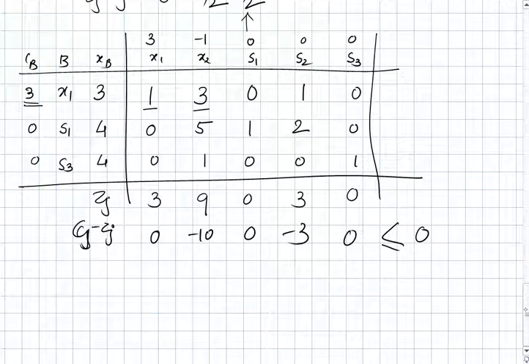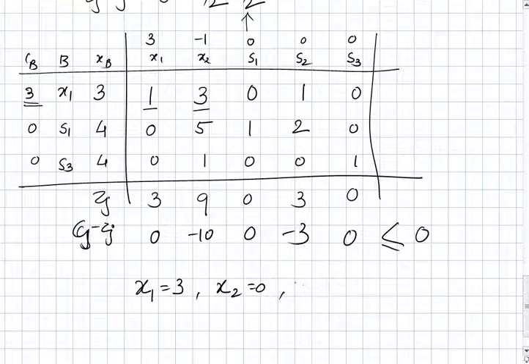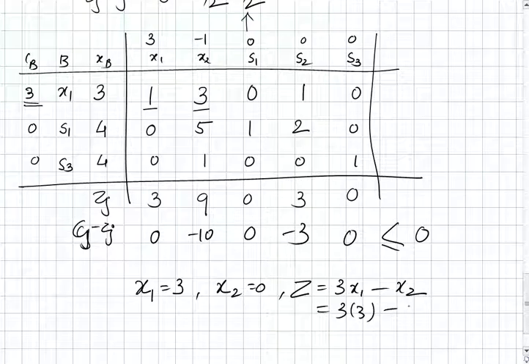So what is the optimal solution? The optimal solution is x1 equals 3, x2 equals 0, and your objective function was z equals 3x1 minus x2, which is 3 times 3 minus 0, that is 9.